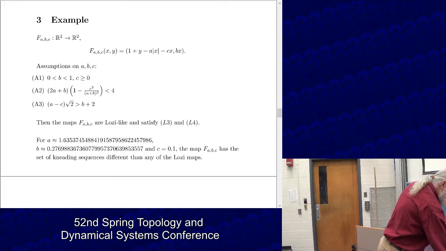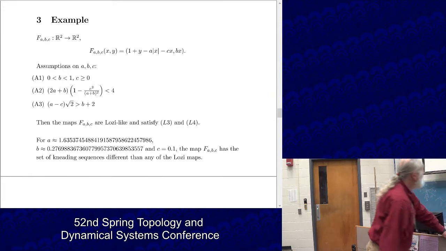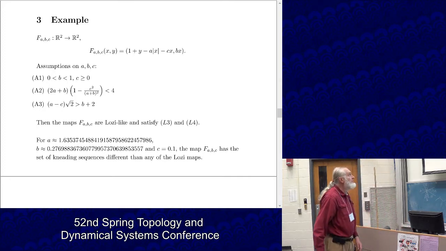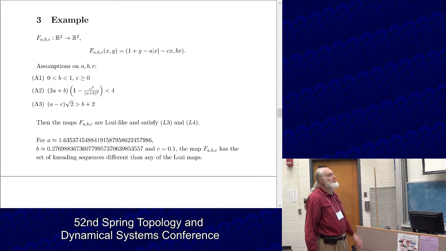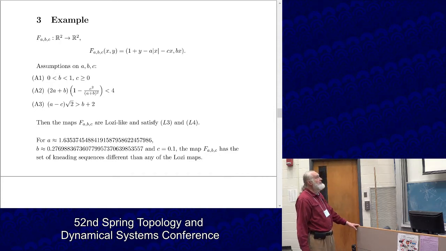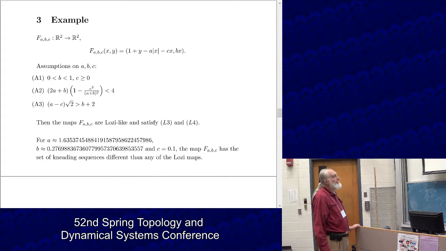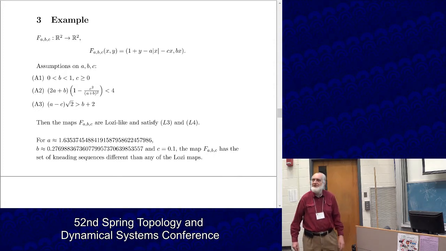Oh, too far. Okay. And then we prove, these are calculations, that those maps are lossy-like, satisfy L3 and L4. And then we take some natural values of the parameter, which you see here.